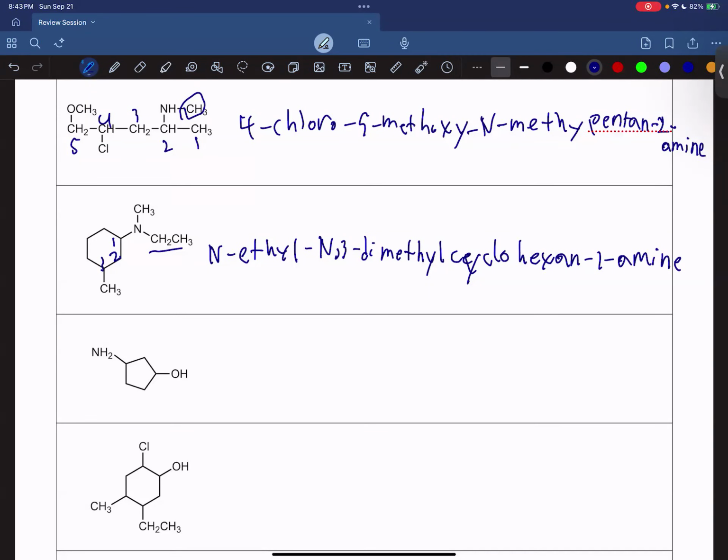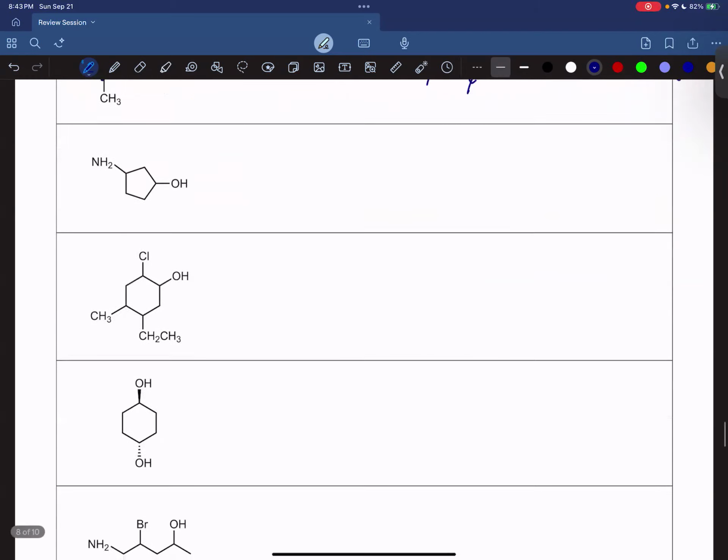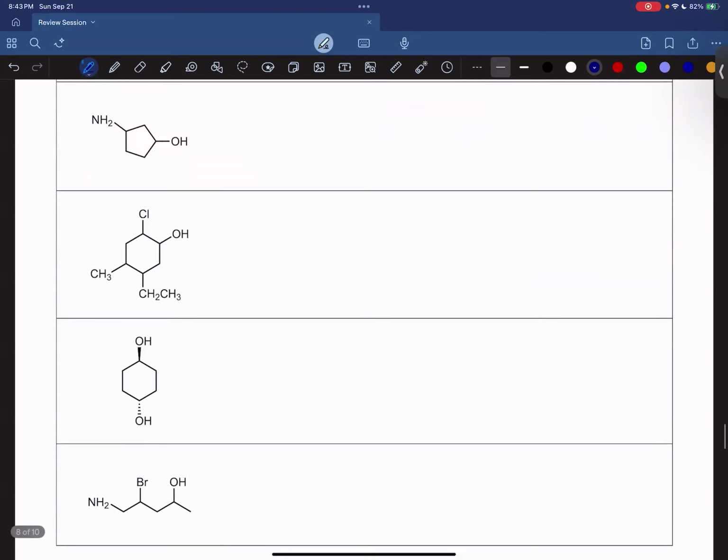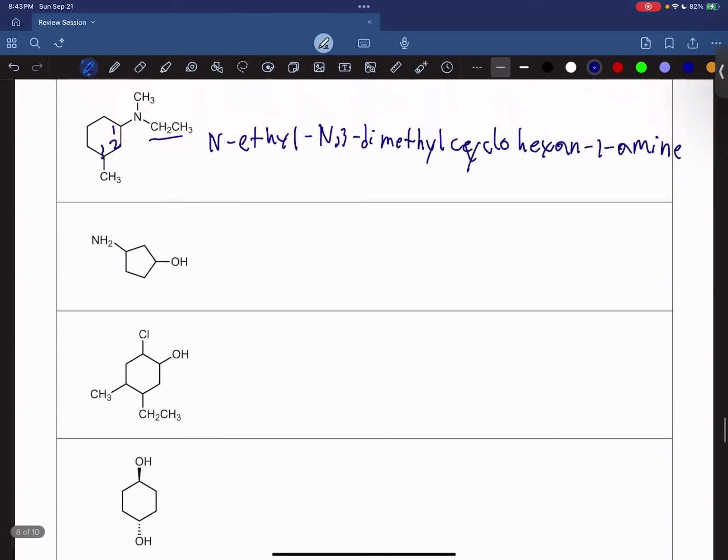Is that better? All right. Sorry about that terrible handwriting. I'll try and do better. Thank you.